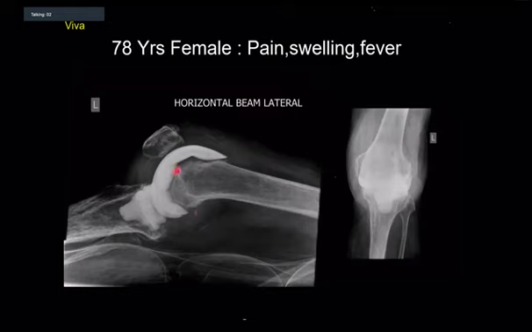So this is a genuine finding, taken as a sign of loosening or an infection. The point is that if you see this lucency, call it.